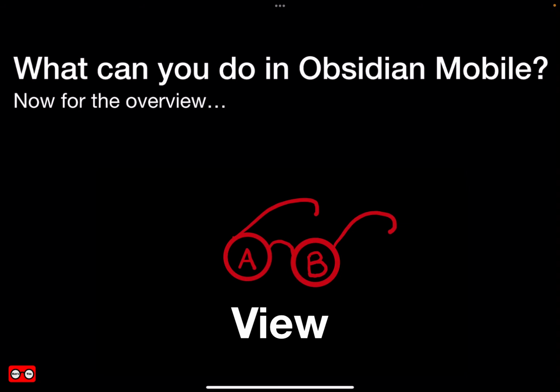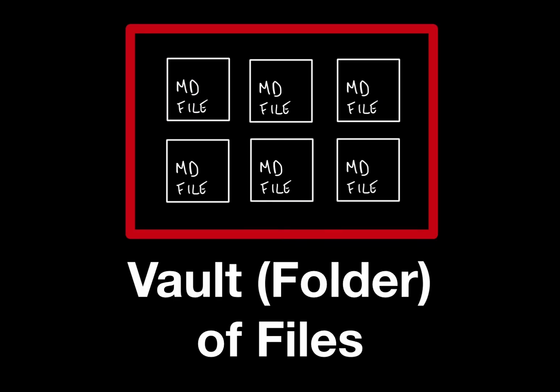So let's go through some of the basic things that you can do in Obsidian Mobile. I think in future videos I'll do more of a deep dive in some of those areas, but I'm just going to give an overview of what you can do. So I've said before, you can write your notes in Markdown. It's helpful to think about where our notes are saved.